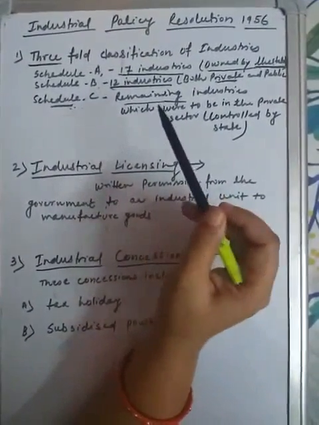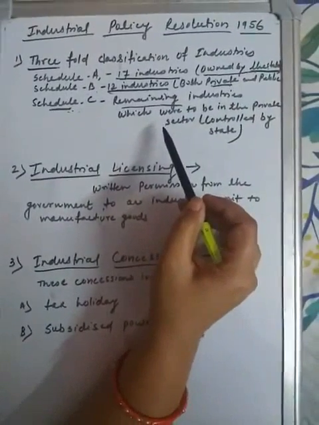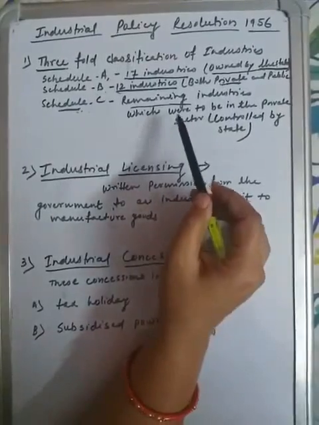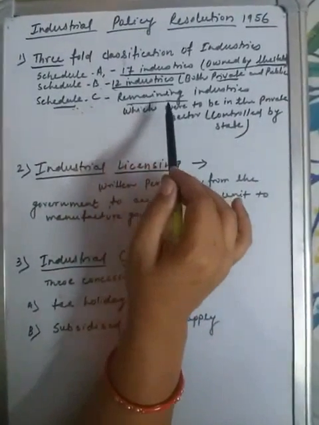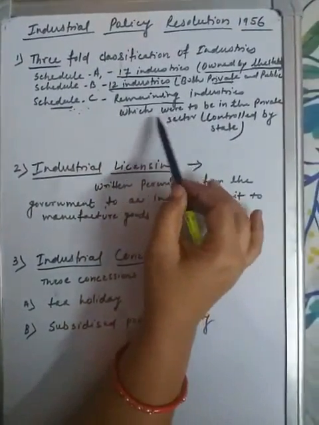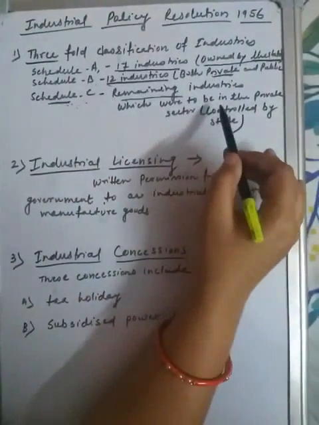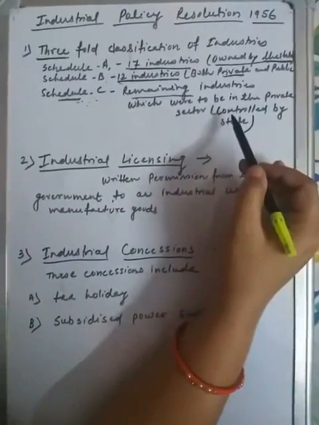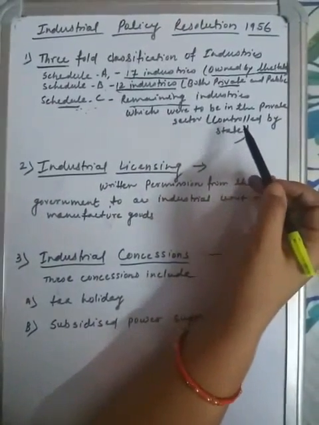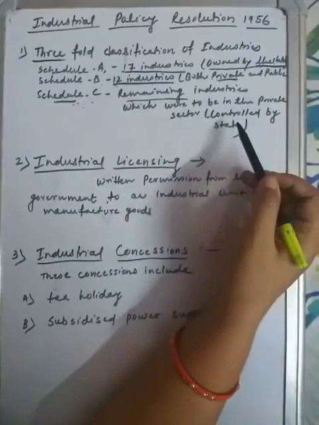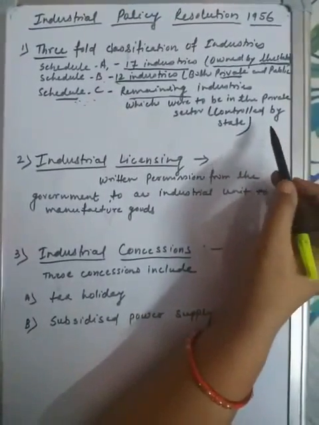Basically, the state would facilitate and encourage the development of these industries. These industries were controlled by the state through a system of licenses enforced under the Industrial Development Regulation Act.